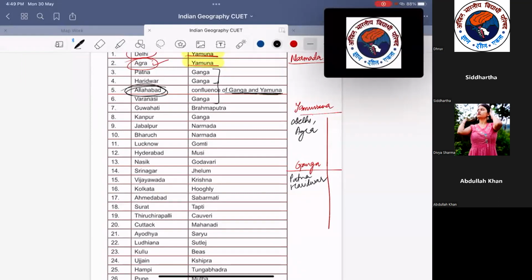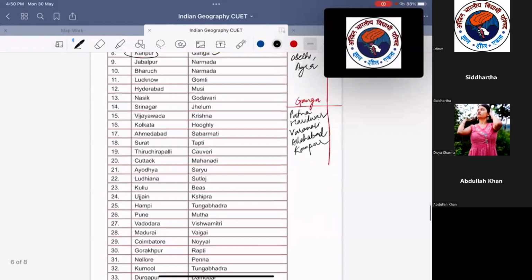It is situated on the confluence of Ganga and Yamuna. Where Ganga and Yamuna meet, that place is Prayagraj and it is in Allahabad. Then on the bank of Ganga are also Varanasi, Allahabad, Kanpur. That's it. Ganga is done.